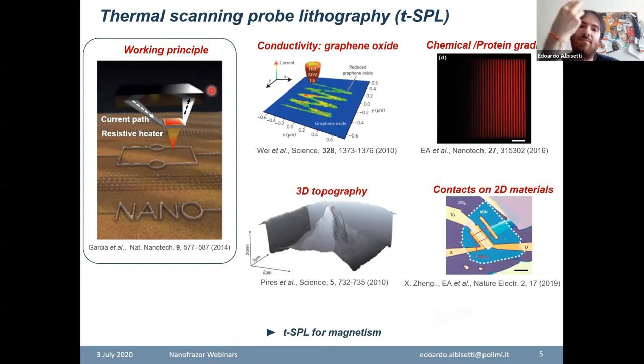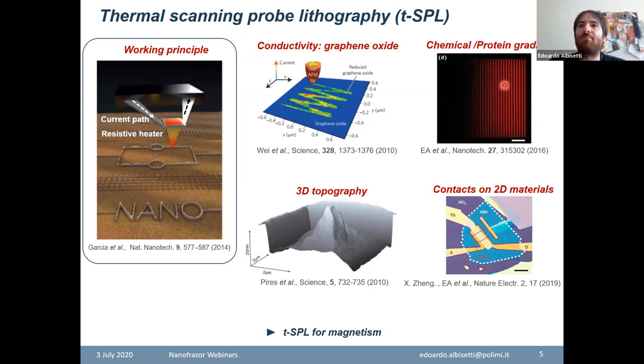Since the tip of the AFM ideally ends up with a spot that is a few nanometers in size, you have this controlled hotspot that you can move around the sample with high precision, and you can produce all kinds of chemical and physical reactions that are mediated by temperature. Or you can make some reactions that would happen in any case happen really faster, so that you promote this reaction only in the place that you are heating on the sample.